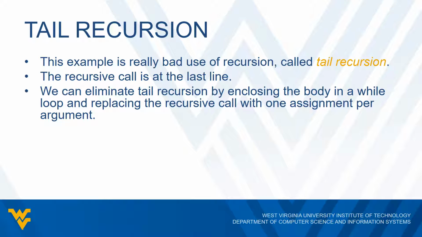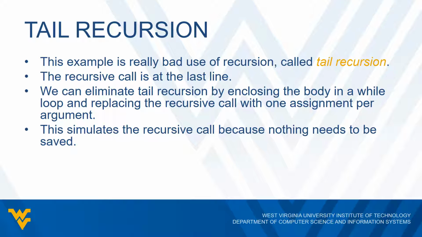So every time that we would call a method, instead we would just use an assignment to take care of it. And this would actually simulate the recursive call, because with tail recursion, we don't need to save anything after the call. So nothing needs to be saved after we've done a particular iteration, so we can use the assignment to override what we were doing with each method call.